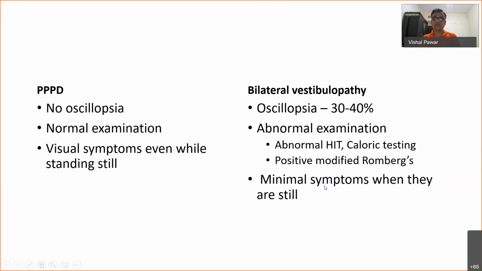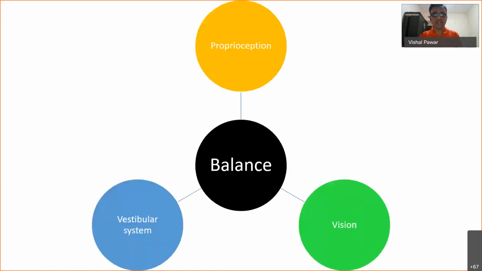A very important thing which helps to differentiate bilateral vestibulopathy from triple PD is that when they are still, when they are not moving their head, patients feel minimal symptoms. But in triple PD, even if a patient is sitting in upright posture and not using the back support and arm support, patients can feel dizzy. That is one point to differentiate.